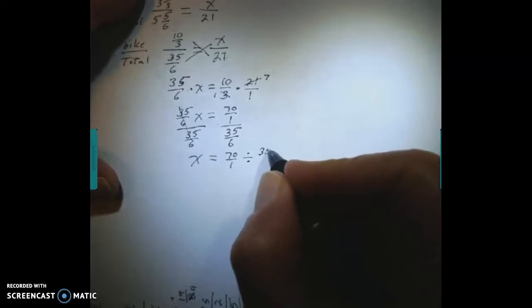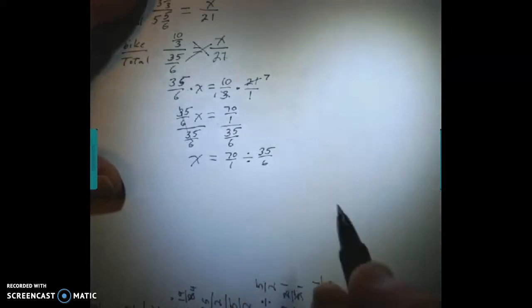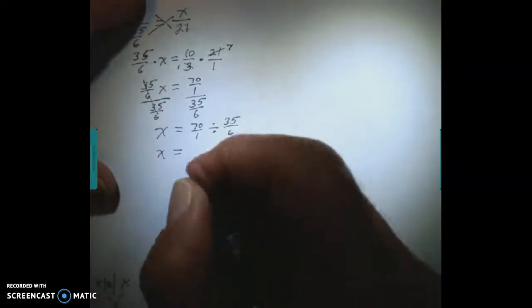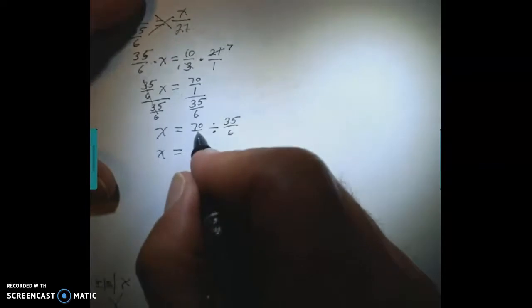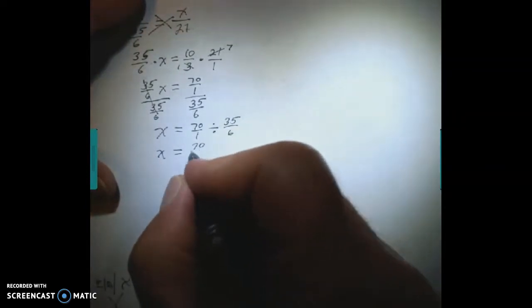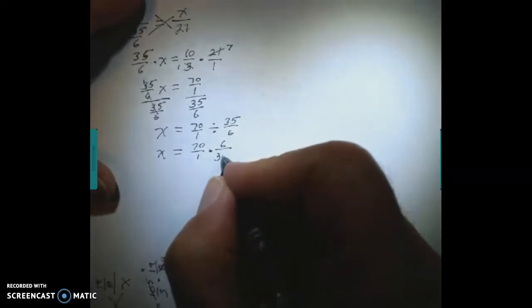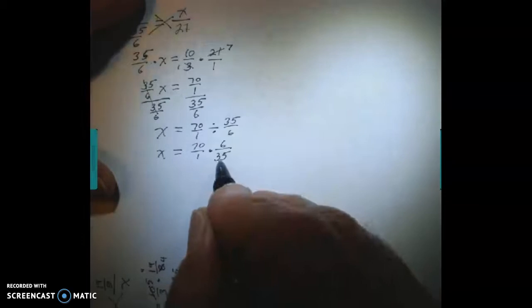So divided by 35/6. And then you don't really divide with fractions. You multiply by the reciprocal, or keep dot flip, or keep change flip. 70 over 1 times 6 over 35, and oh, was that lucky.